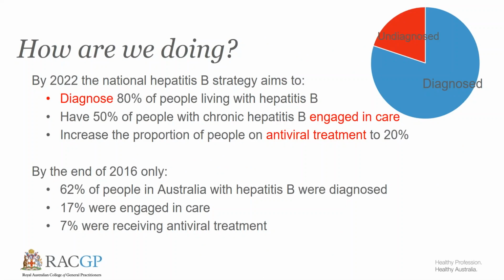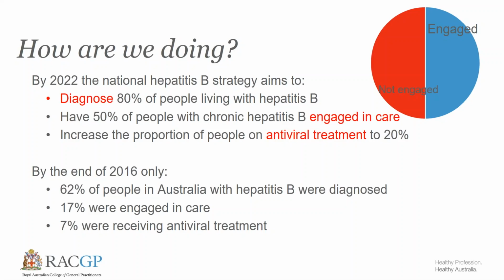So what are we trying to do with hepatitis B? Our national strategy aims to diagnose 80% of people living with hepatitis B, have at least half of people with chronic hepatitis B engaged in care, and increase the proportion of people on antiviral treatment to 20%.